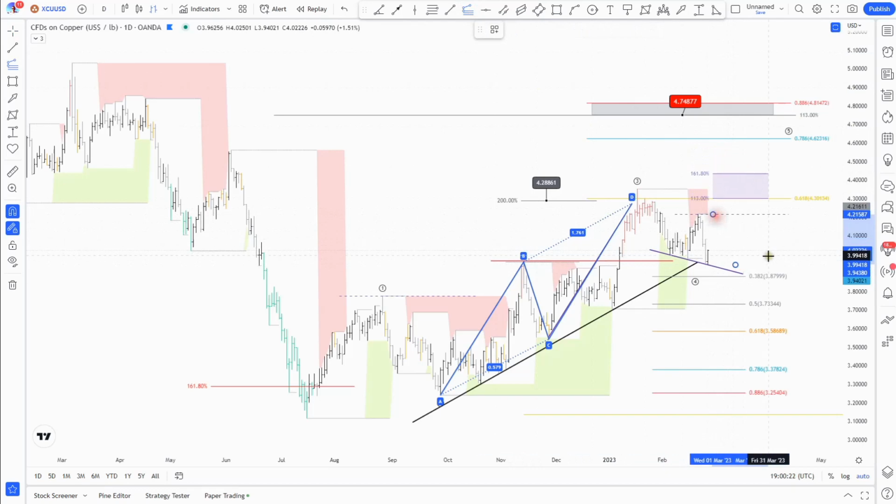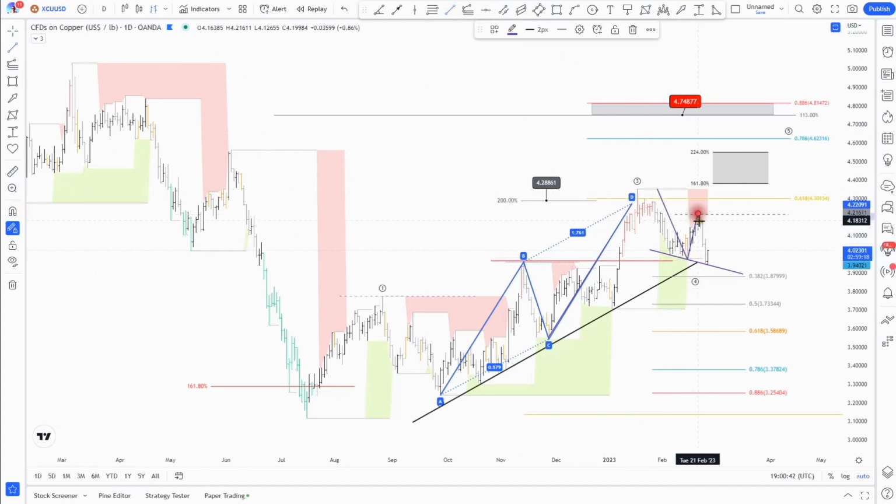should be followed by an extension to the golden Fibonacci level, or even higher, between the golden Fib 161 and the 224% Fibonacci level, completing the shark pattern above the resistance. So we have the first swing low, pullback or a bounce, false breakout of the support.